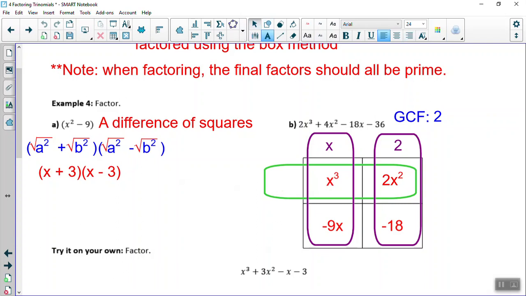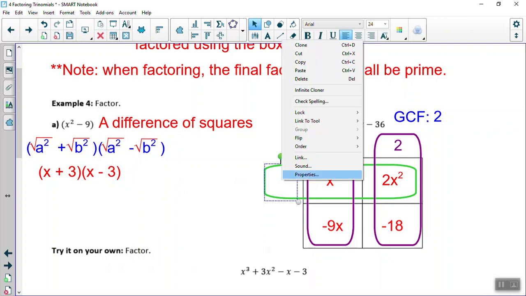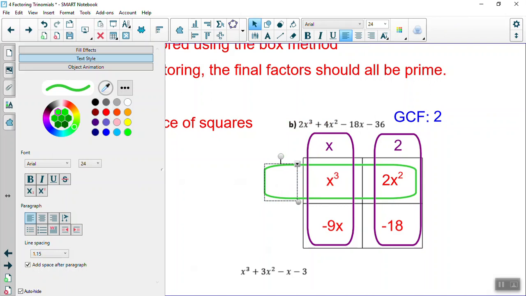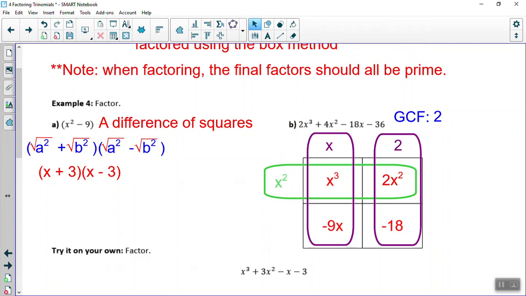It's not going to stay there for some reason. Don't know why this is being so difficult today. So I can factor out an x squared out of both of those.